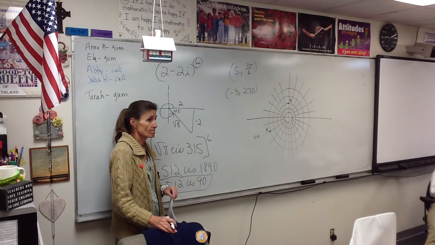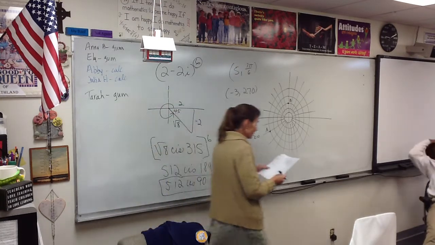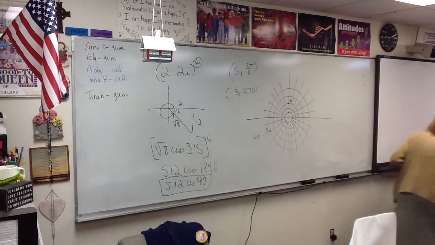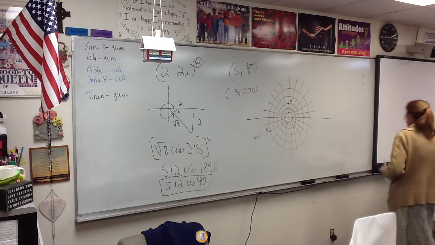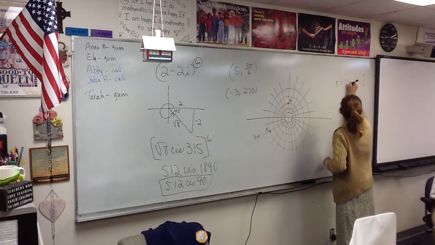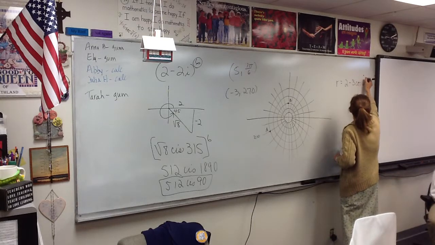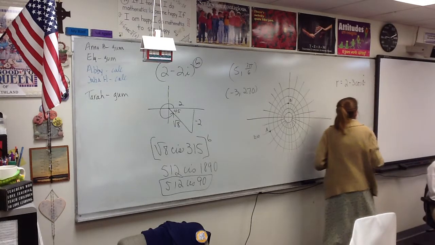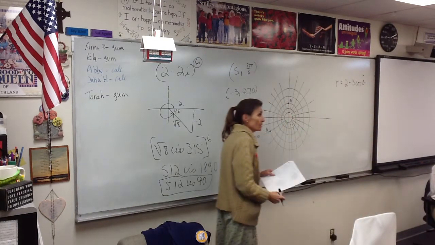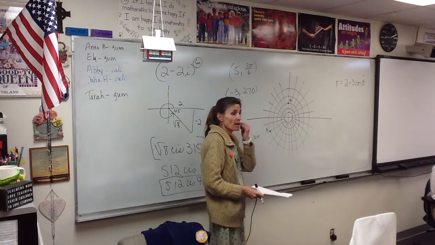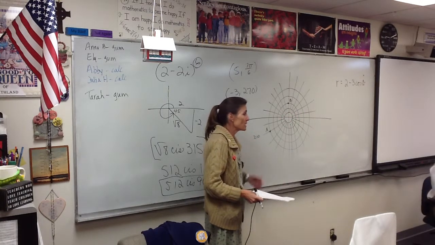Okay? Now we're going to graph, and my copy got all messed up. What is the equation? 2 minus 3 cosine? Okay, so we're going to graph this now on our calculators. So why don't you type it in?